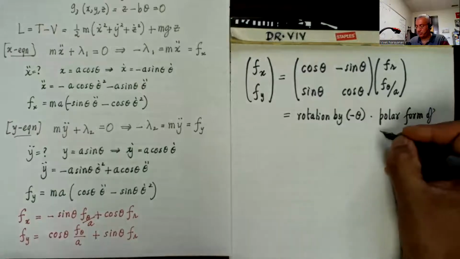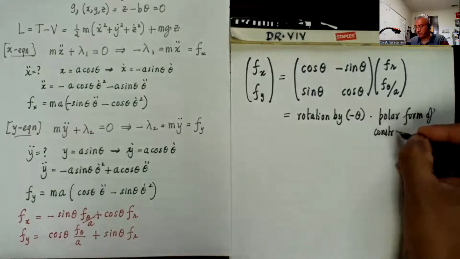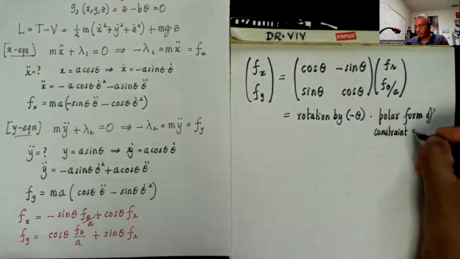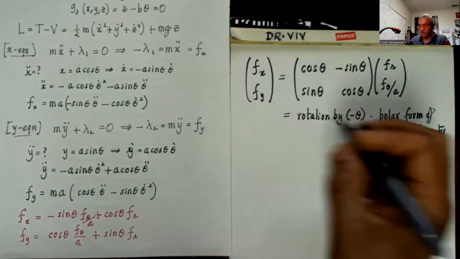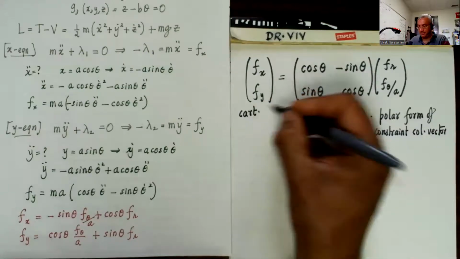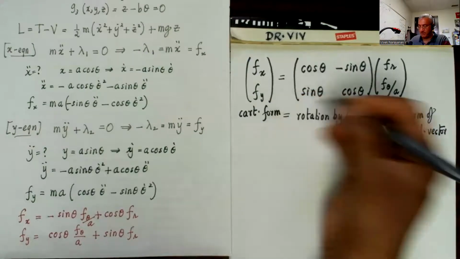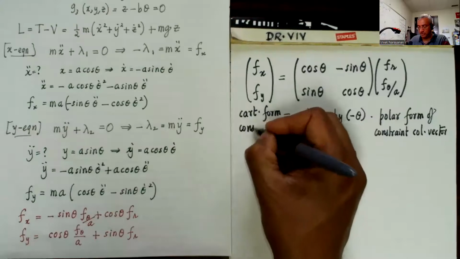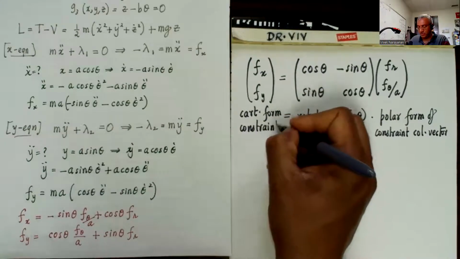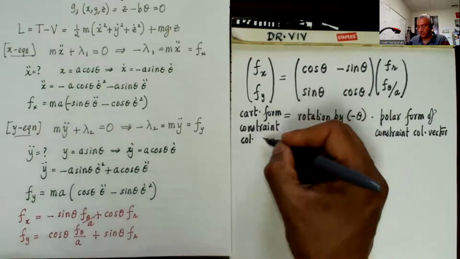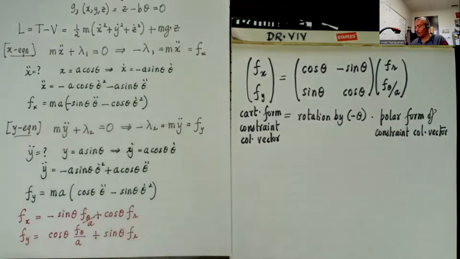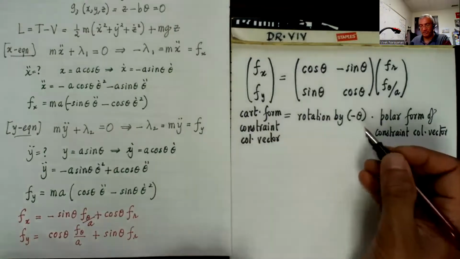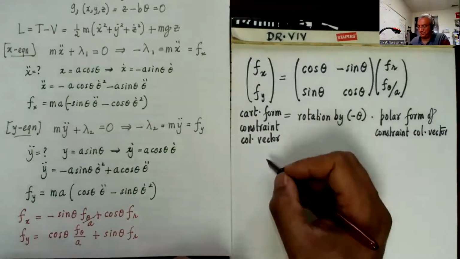I call this polar form of the constraint column vector. So the Cartesian form of the constraint column vector is just a rotation by minus theta times polar form. The other direction is very obvious because all you've got to do is change the direction of rotation to be positive.